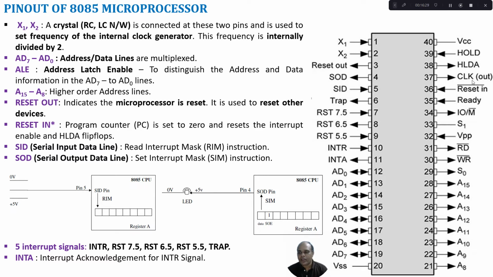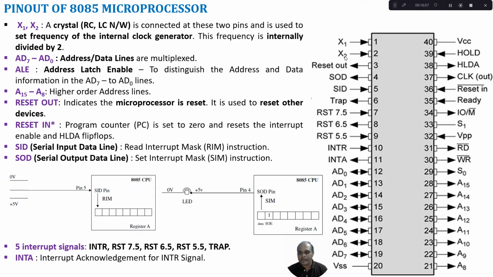Then we also have a pin for reset of a microprocessor, that is reset in bar. So where this bar indicates it's an active low signal. So whenever reset is applied to the microprocessor, its program counter is set to 0. And also the interrupt enable flip-flop content is reset, and also HLDA flip-flops get reset.